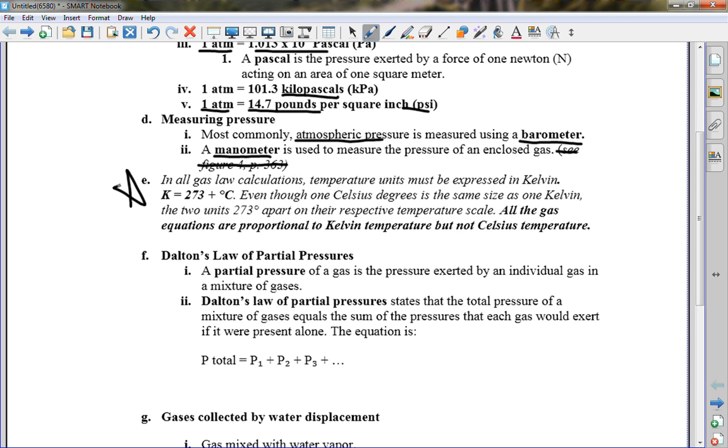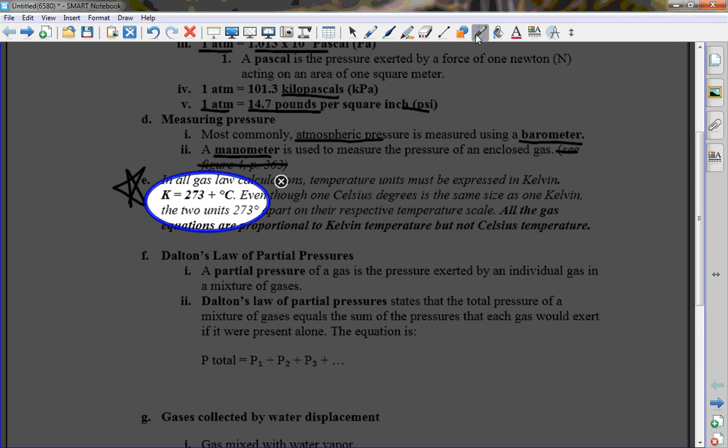This right here is a really important point. As we get more involved in gases, you have to remember that converting to Kelvin simply means you add 273 to whatever degrees Celsius you have, and that gives you your temperature in Kelvin.